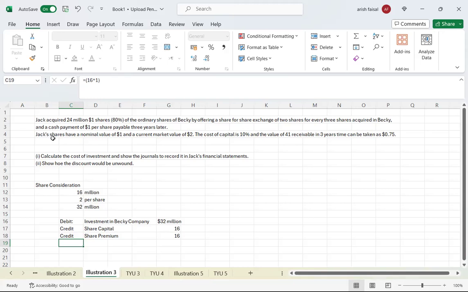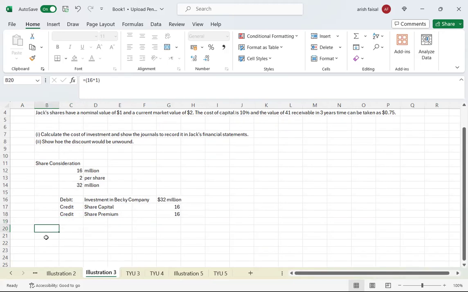Now, as far as the deferred consideration is concerned, you have to write it down at its present value. Okay. So in the accounting rules, anything which is to be received or to be paid in future, like after 1 year, you have to bring it to its present value. Okay.